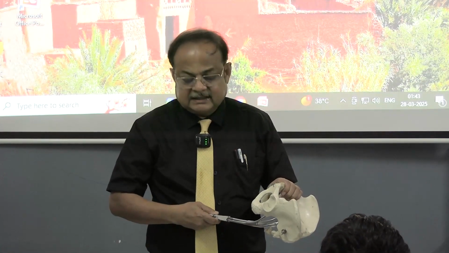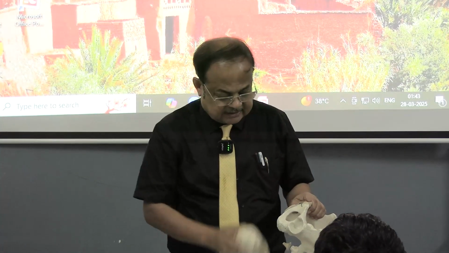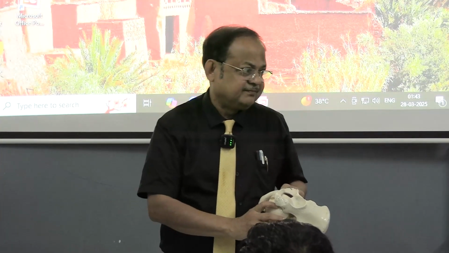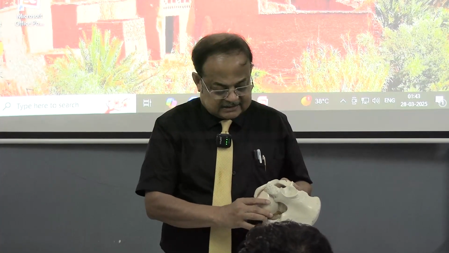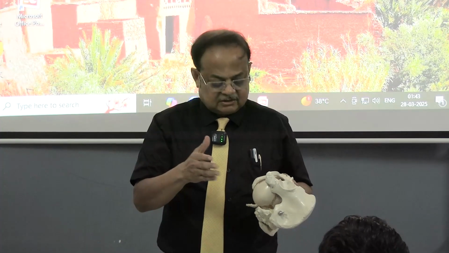Suppose the sagittal suture is direct anteroposterior, that is, rotation is complete. Then the cephalic curvature and sacral curvature will be the same. That is ideal, that is good. But if the head is not completely rotated, and the sagittal suture is not anteroposterior, what will happen?